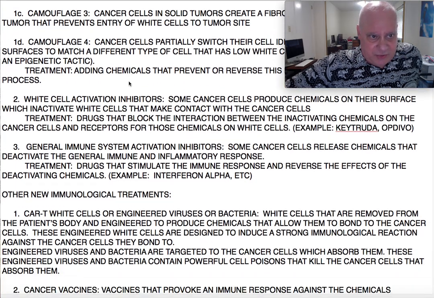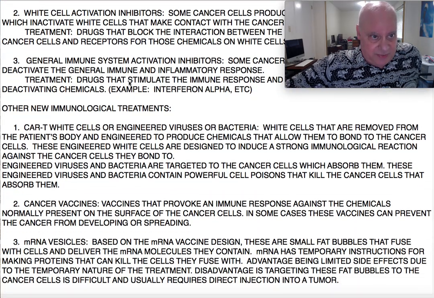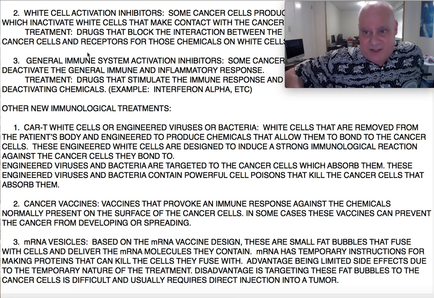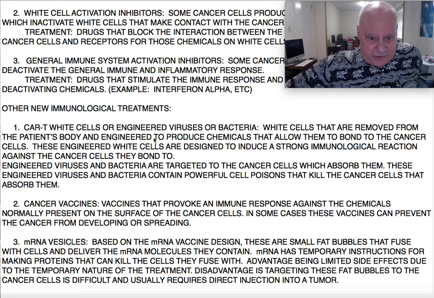There's also some much more exotic immunological treatments where in some cases we engineer white cells to specifically attack whatever kind of cancer you have. We can also engineer viruses and bacteria to attack the cancer cells in your body.